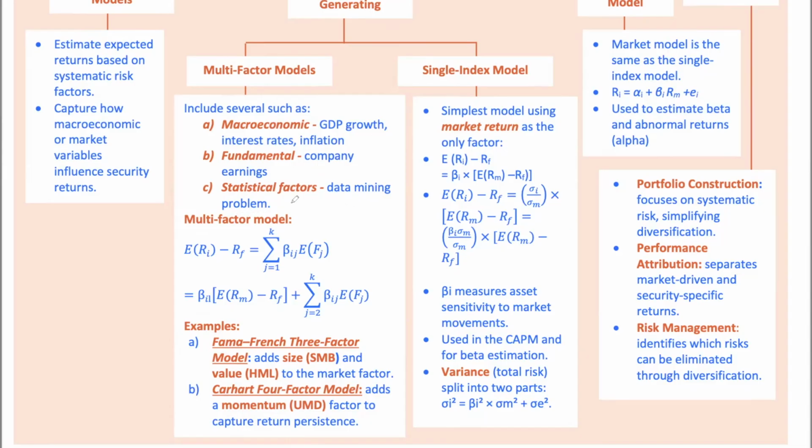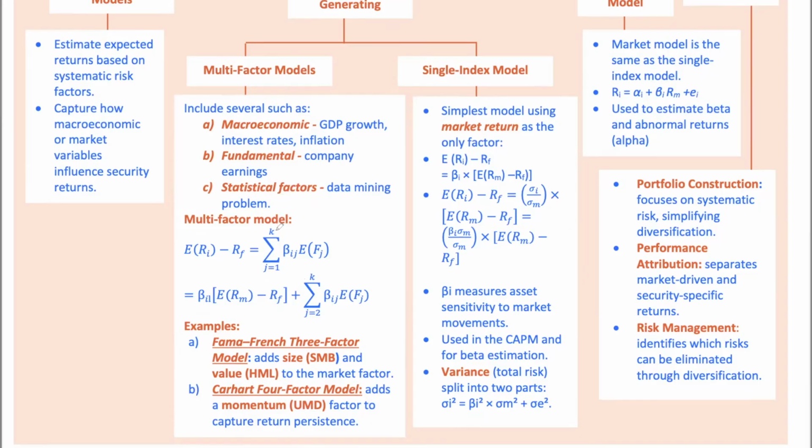There was a study once linking the US stock market's performance to which football conference won the Super Bowl. True story. Data can find factors everywhere, even when they make zero sense economically. That's why CFA Institute and most serious professionals prefer macroeconomic or fundamental models over purely statistical ones.